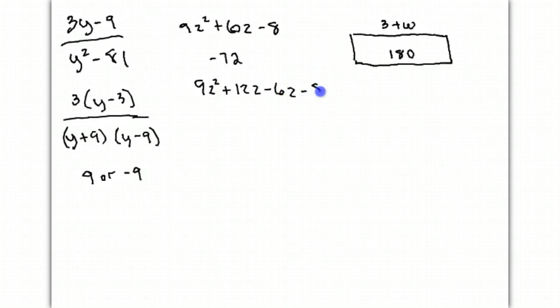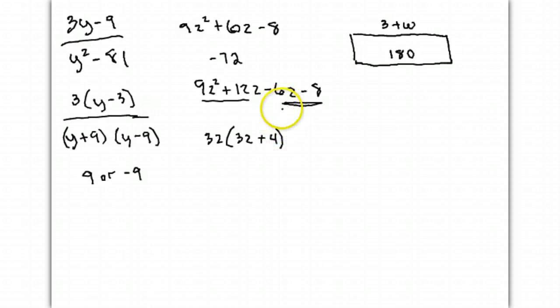And that'll be minus 8. So you do this by factoring by grouping, which you group these two and you group these two. Well, the first group, 9 and 12, they have a common factor of 3. So you pull a 3z out, and you're going to end up with 3z plus 4.